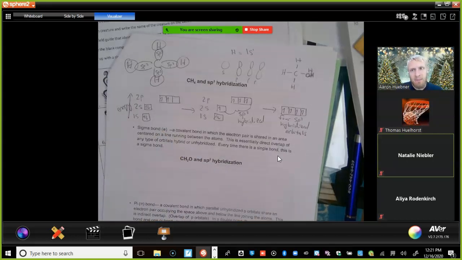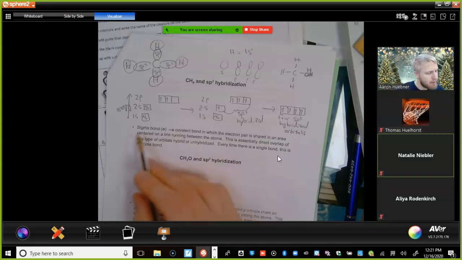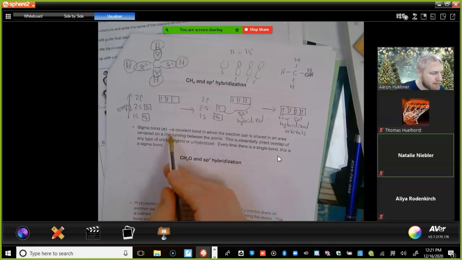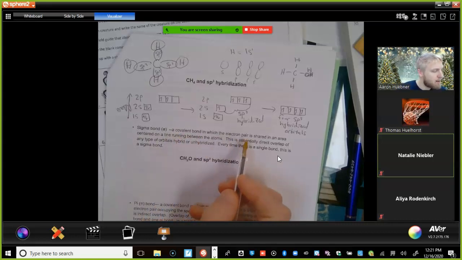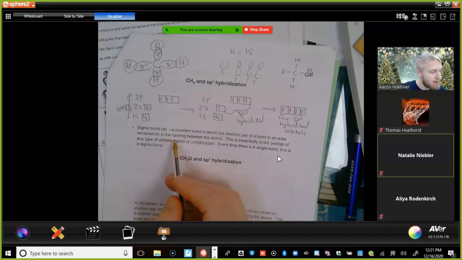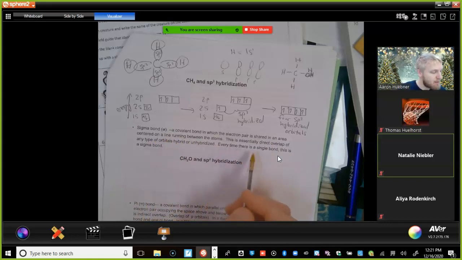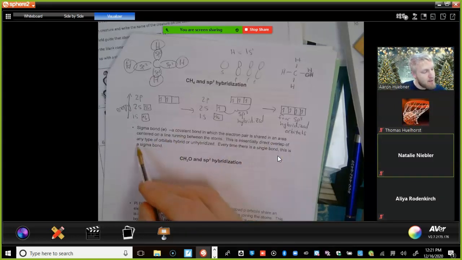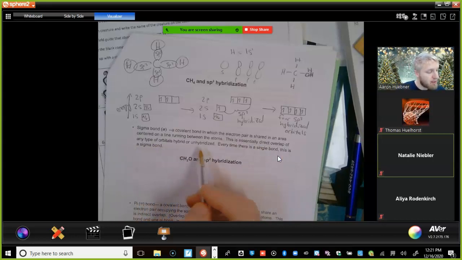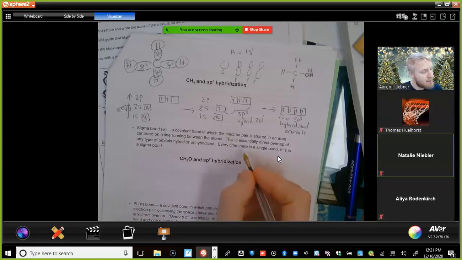It's basically a head-on collision between the s orbitals. So the technical definition says a covalent bond in which the electron pair is shared in an area centered on a line running between the atoms. This is essentially direct overlap of any type of orbitals, hybrid or unhybridized. Every time there's a single bond, this is a sigma bond.